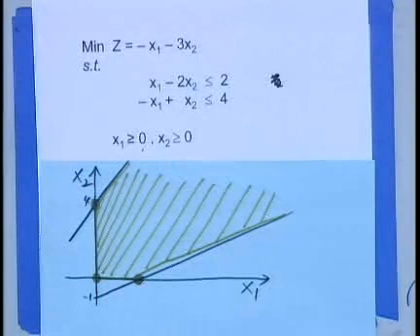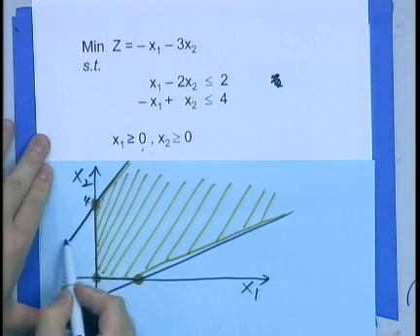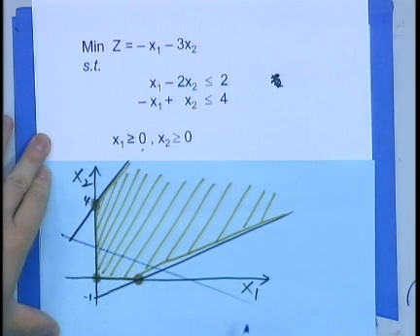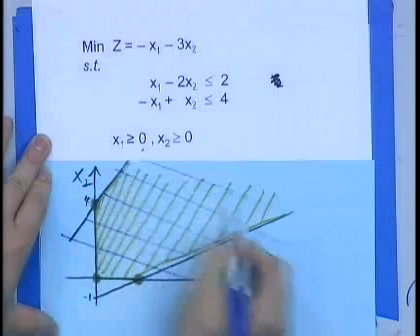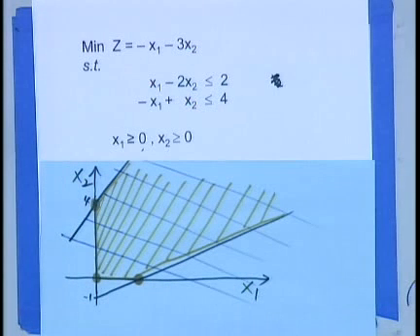And in this case, the isovalue line is something like this. Okay? Those are the isovalue lines.